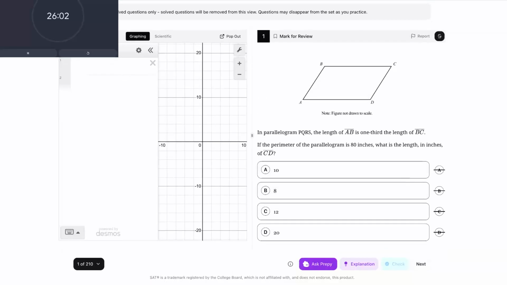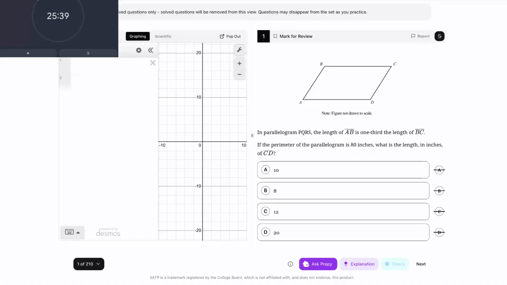Yeah, let's go next. Let's try this one. Parallelogram PQRS, the length of AB is 1/3 of BC.